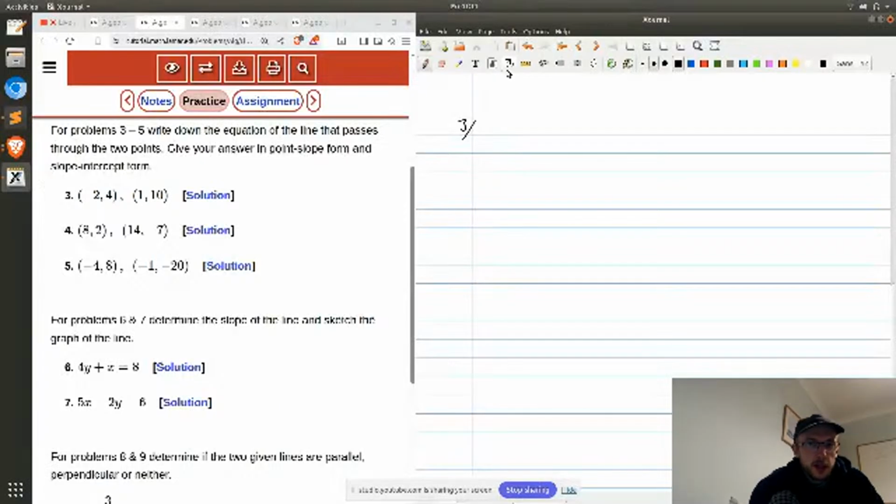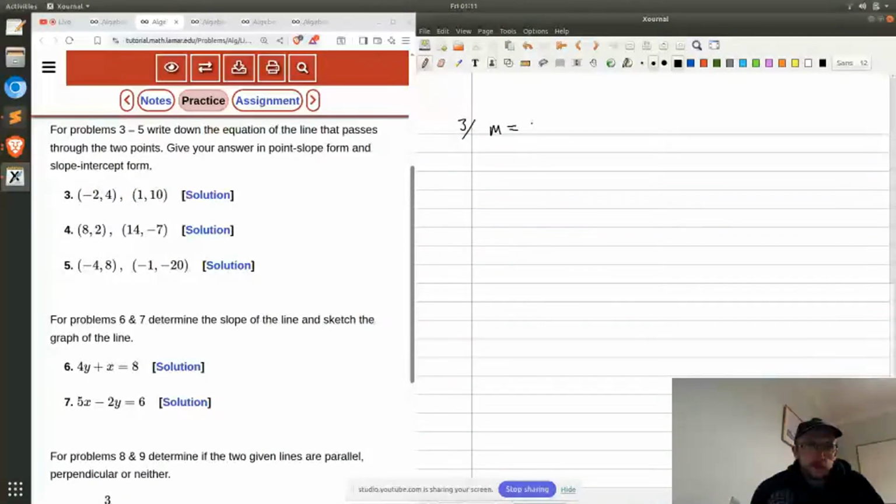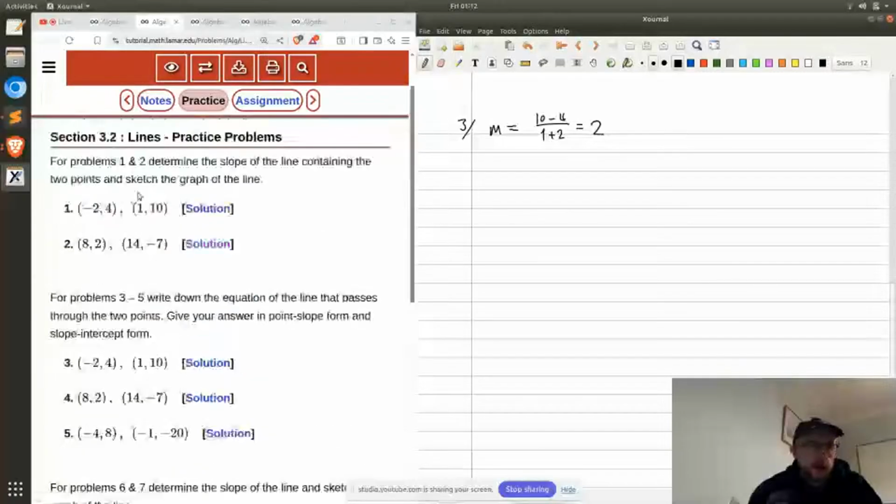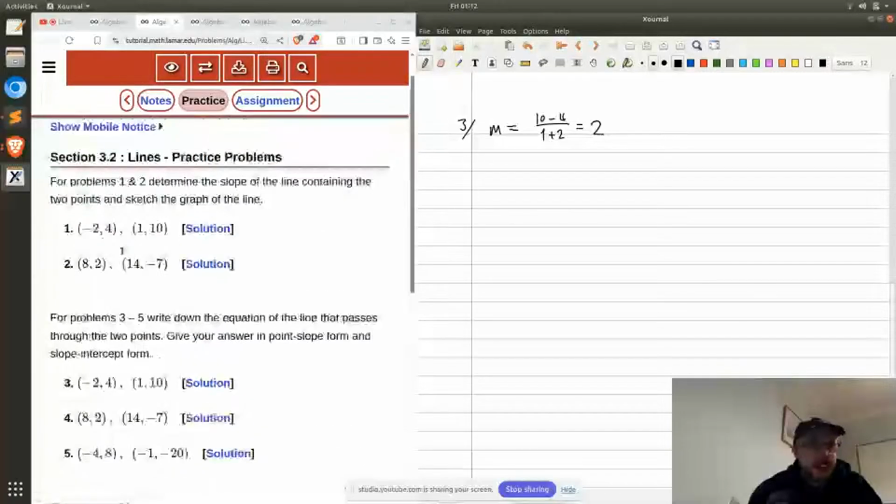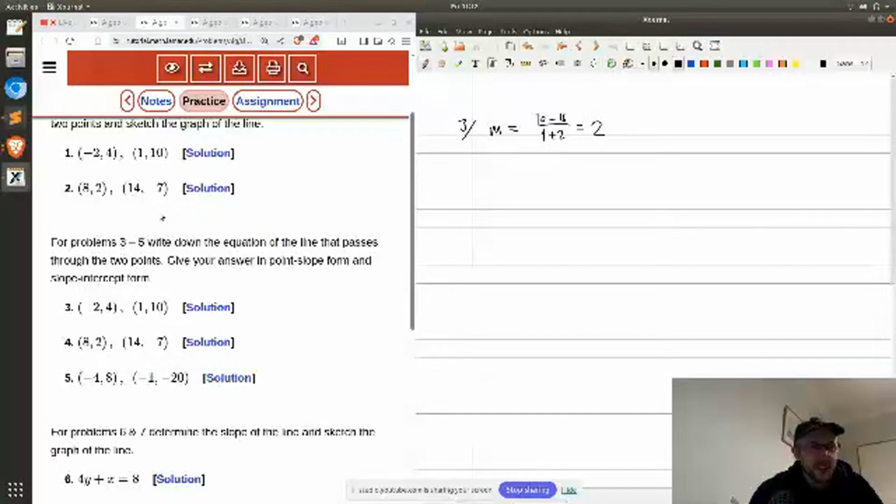So for problem 3, let's see. 10 minus 4 over 1 minus 2, so 1 minus 2, so we end up with 6 over 3, which is 2. And, excuse me, problems 3 and 4 are absolutely identical to 1 and 2.